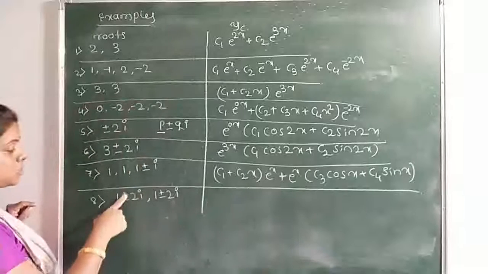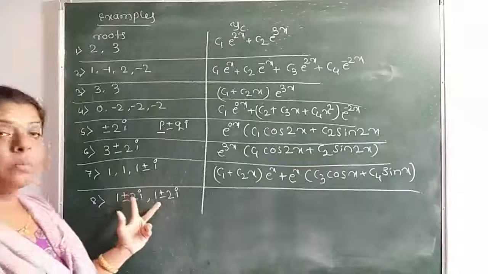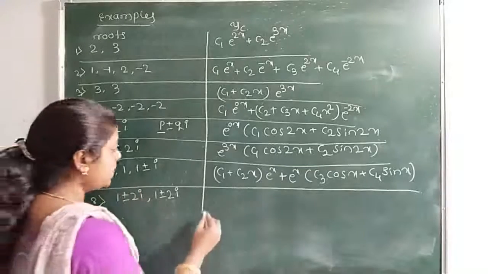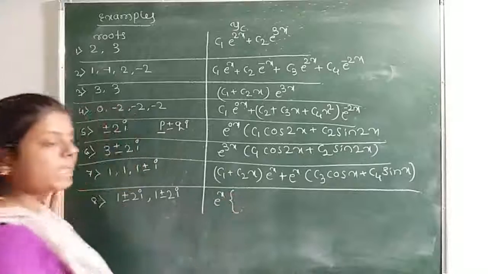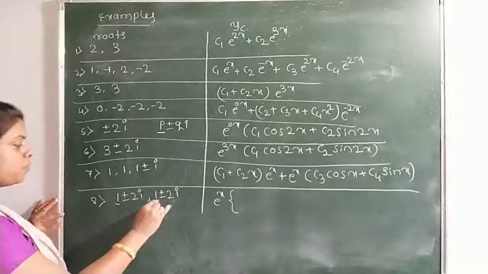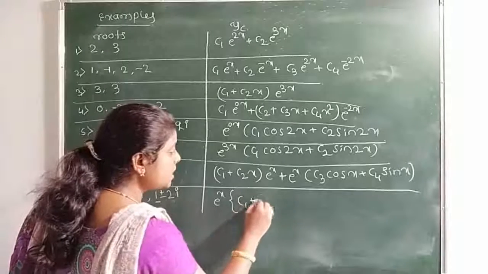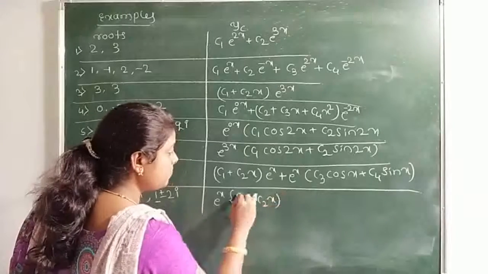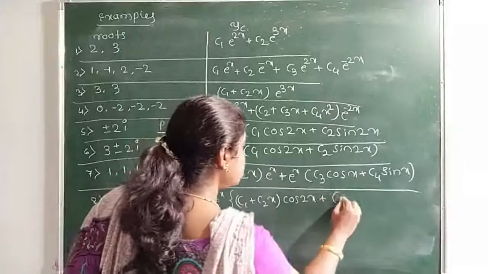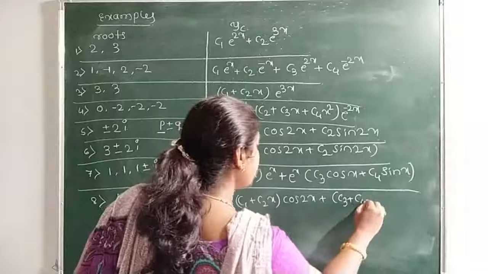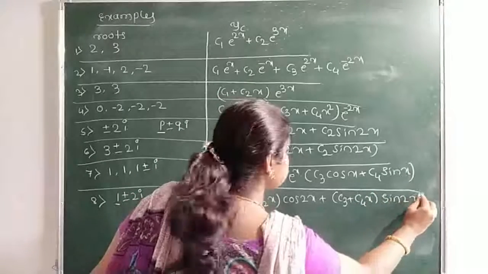Now 1 plus or minus 2i, 1 plus or minus 2i. Here two complex roots are the same. At that time p is the same in both terms, and for q you write c1 plus c2x times cos 2x plus c3 plus c4x times sin 2x.